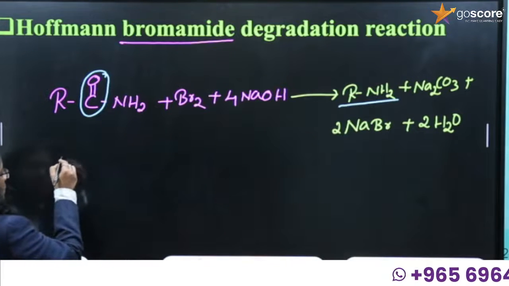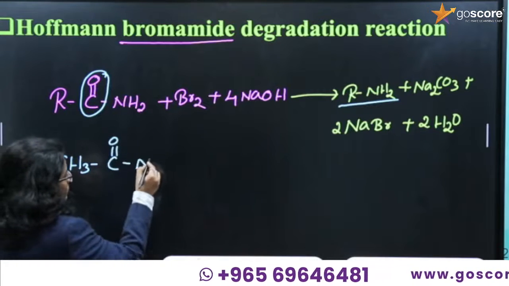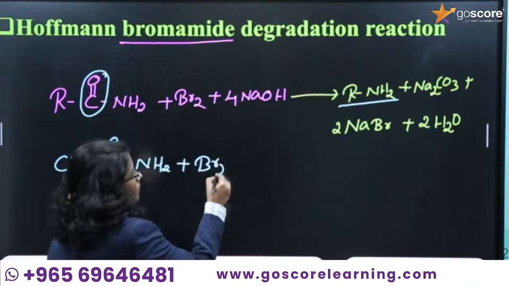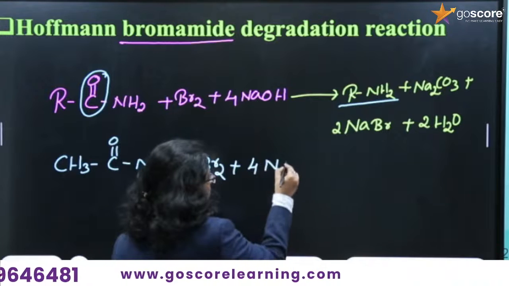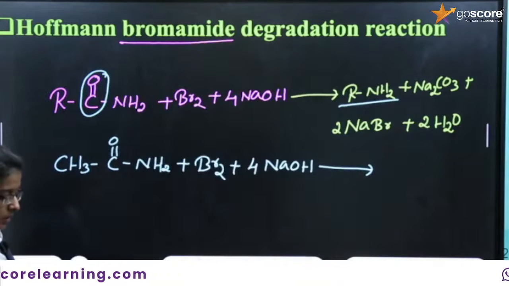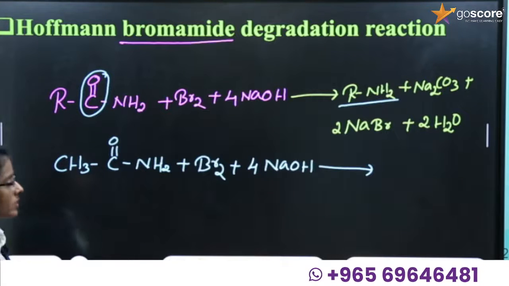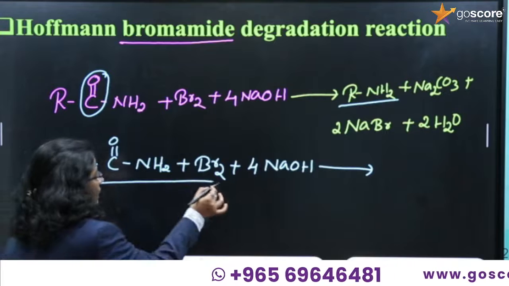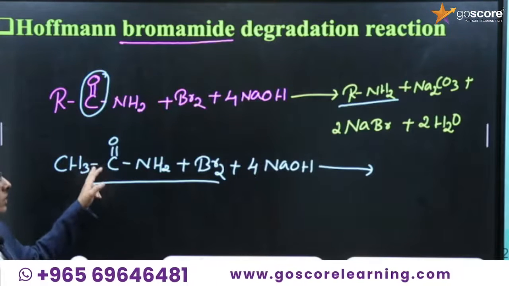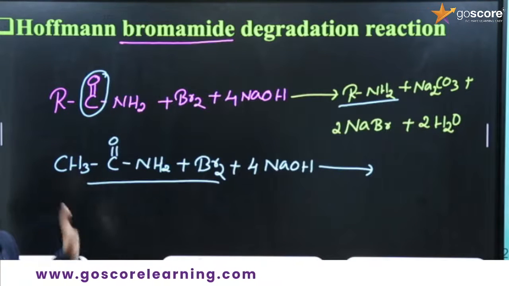And can you tell me the product of this compound: CH3 C double bond O NH2 plus Br2 plus 4 NaOH. Complete the reaction. So by looking at the equation, you understand that this is Hofmann bromamide degradation reaction. The product will be primary amine. On the product side, you will get one carbon atom less than the parent carbon chain.